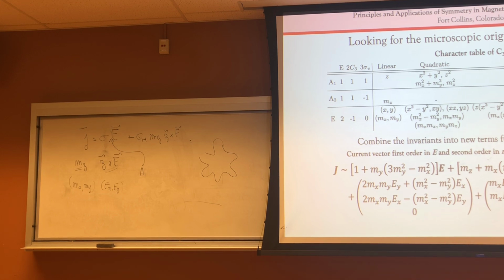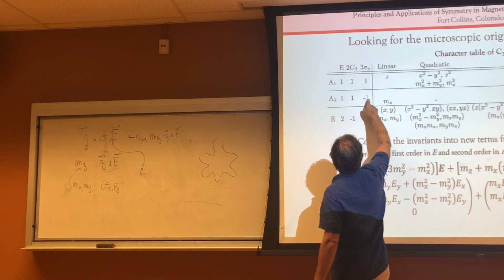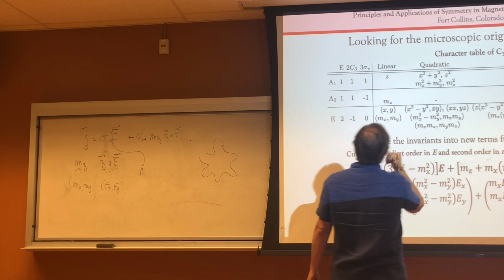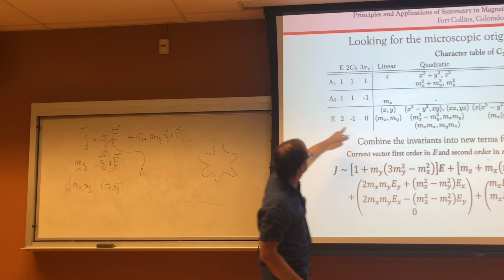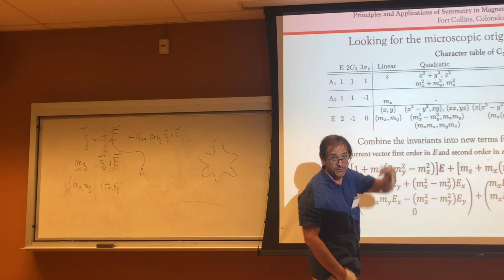Yeah. So could you repeat again how the terms from A2 fit in? So the A2 term here. So A2 is a 1, 1, minus 1. So if you want to have an E here, you have to combine it with another vector, because we want the electric field.